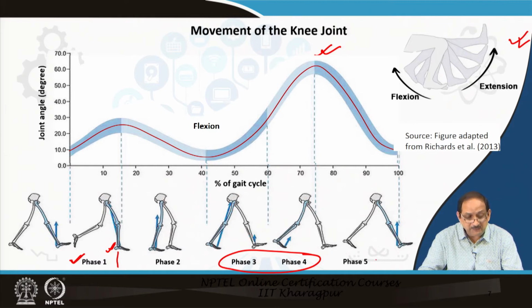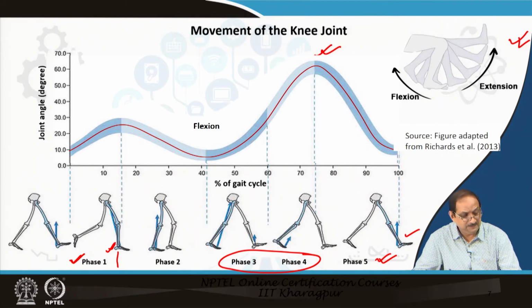During the late swing phase, the knee undergoes a rapid extension for the second heel strike at the end of the phase 5.